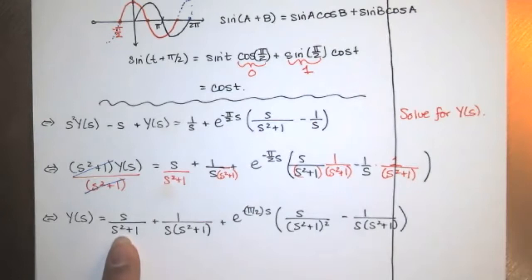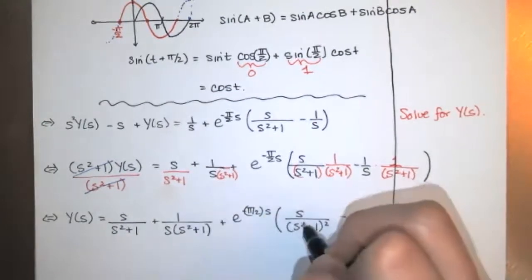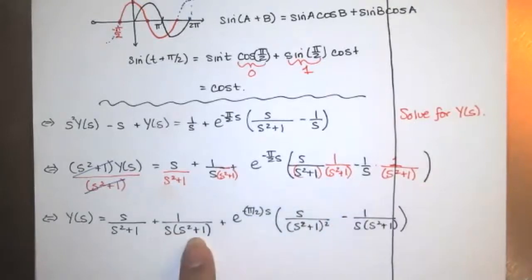Now this is in our table, and this is in our table, but this s times s squared plus 1, I don't believe that that's in our table. Actually, let's check and see if that's in the table. If it's in the table, we'll just use the table. If it's not in the table, we'll use partial fraction decomposition to rewrite these.